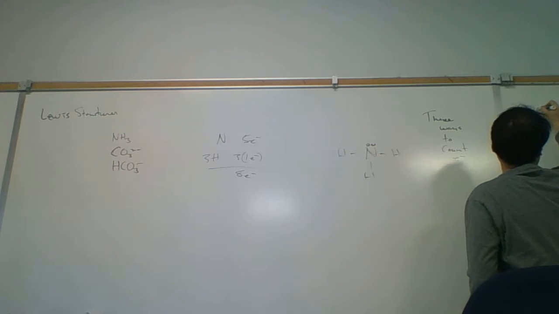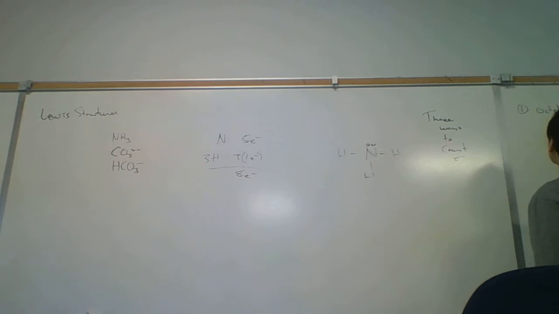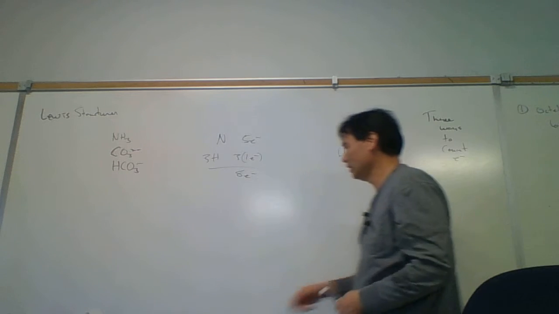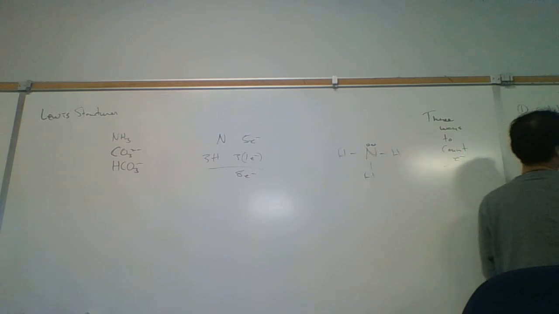The first way is the octet, slash duet. This is the number of electrons surrounding the atom. And so this is how we count it in the structure here.